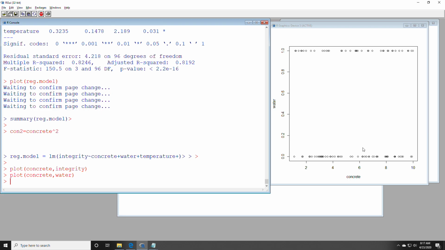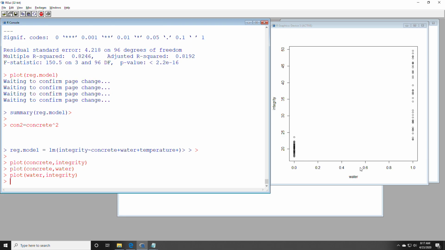Okay, now this isn't crazy. The water only has two values. It's still not going to look crazy, but we need to make the right plot. Water and integrity. Okay, as I said, two values. This is when water is not added. This is when water is added. We can see when water is not added, we have all these low integrities, and when water is added, we have a range of integrities that are much higher.